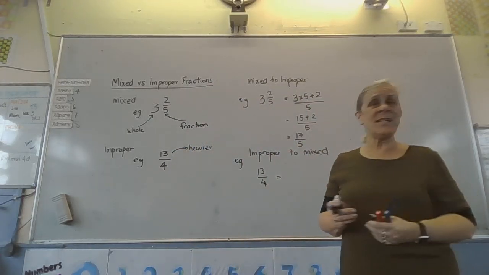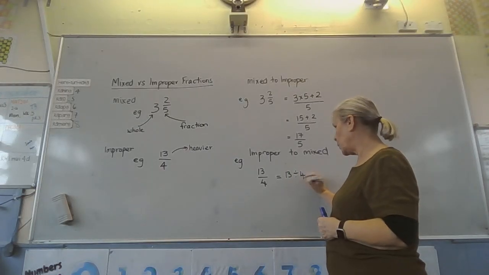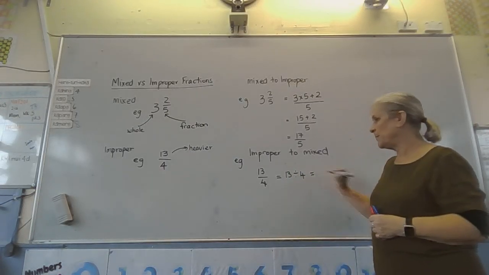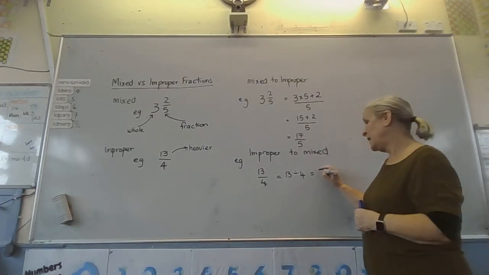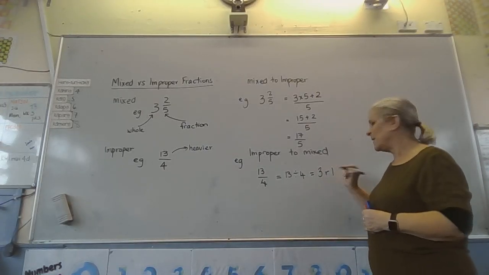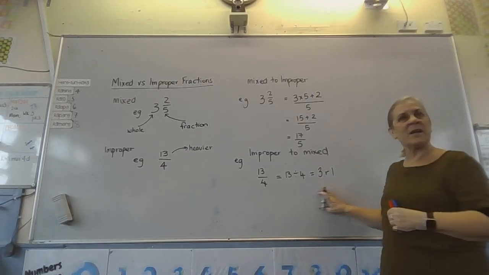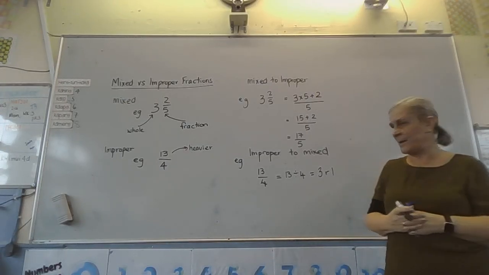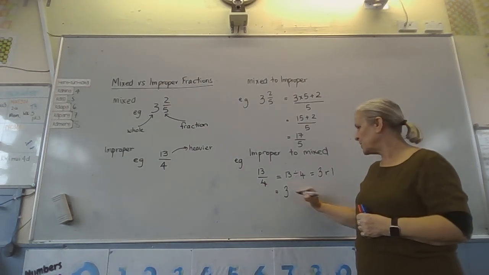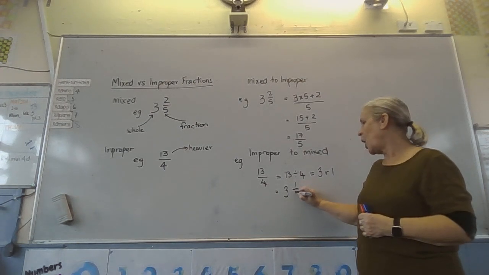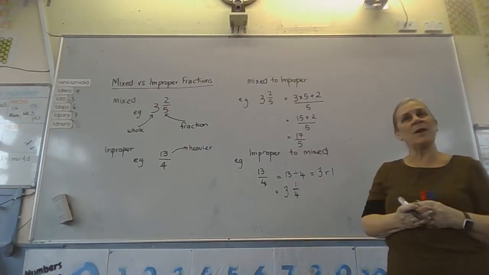So we're dividing. 13 divided by 4 quarters equals 3, and remainder 1 you might have written in the past. All right, you might have written something like that. This is 3 remainder 1. But we want to write it as 3 wholes and 1 left over the 4. Right? So we make it the 1 over the 4.